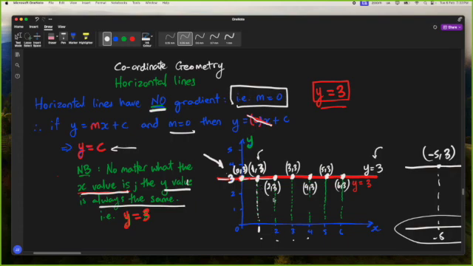When x is 2, y is 3. When x is 3, y is 3. When x is 4, y is 3. Y will always be 3 to infinity. X could be any number. It doesn't matter. Y will always be 3. And so this is the line y is equal to 3.